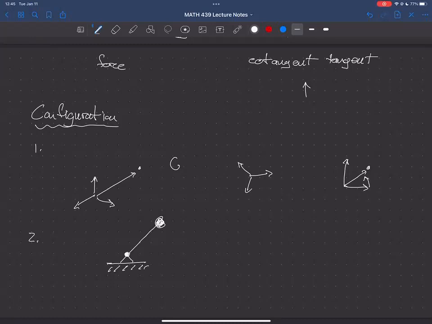Anybody? Polar coordinates. Yeah, well, that's certainly the right idea. Polar coordinates are a little bit more like what I did up here, right? I had an R and a theta. Do you need an R to talk about the position of the pendulum?